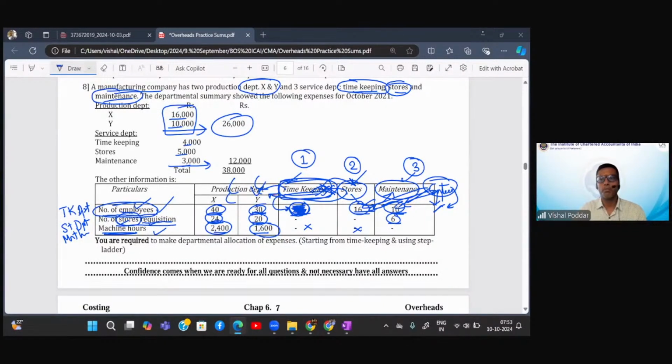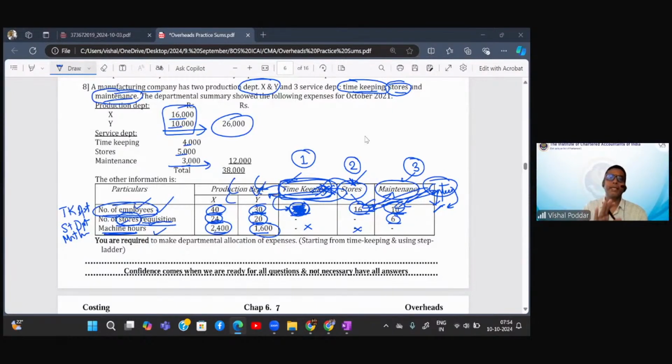I hope you understood completely the whole concept of primary and secondary with all these special variety of cases, right? Perfect. Now, as you know, what we are doing is we are trying to charge the expenses from expenses to departments, within departments production service, then service is again charged to production.